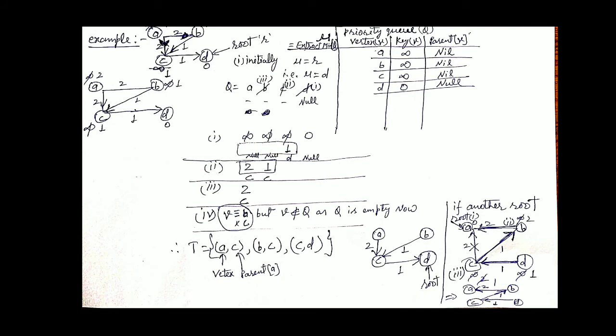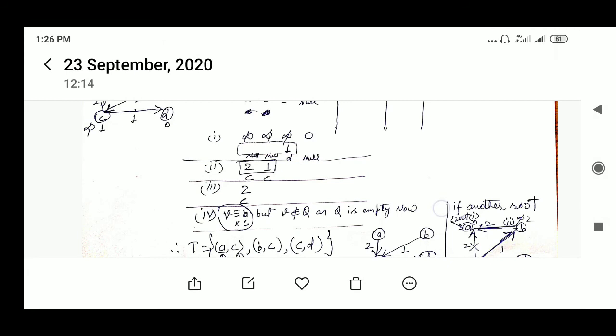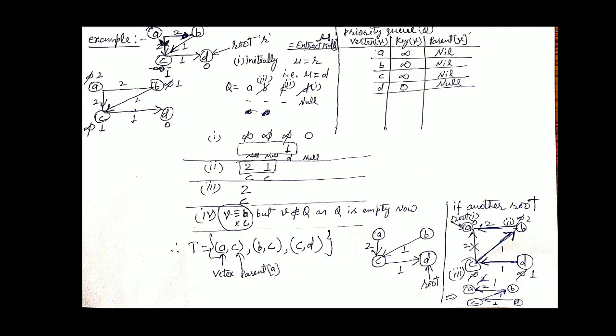Now in the right bottom corner, you can see that we have done this example by choosing another vertex as a root, and this example will give you another minimum spanning tree with the same tree cost 4. Okay, so now you can identify that minimum spanning trees are not unique in nature.